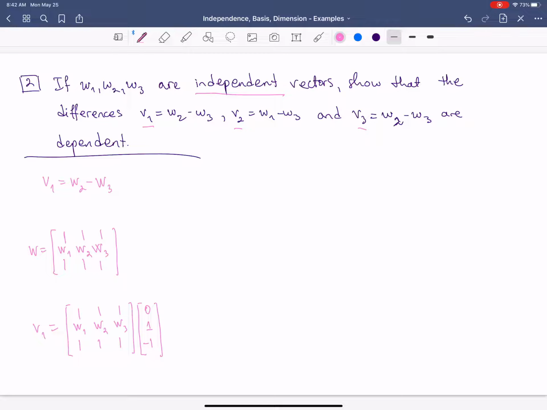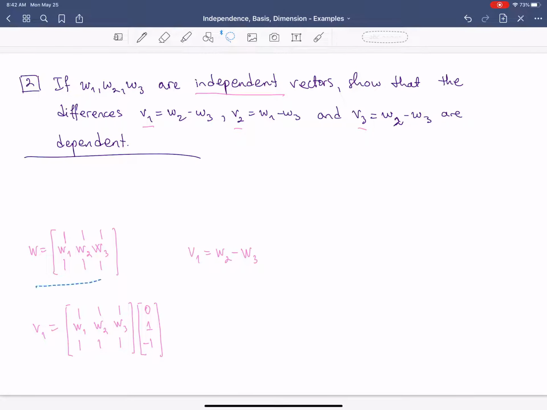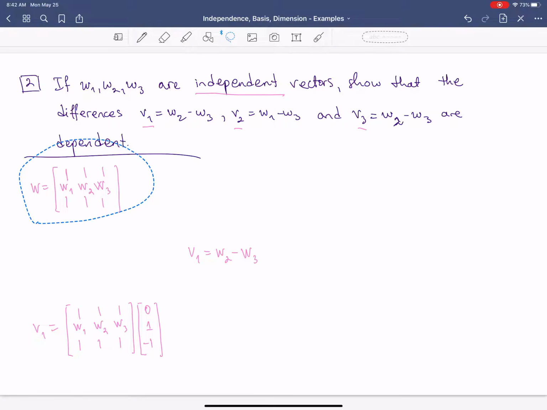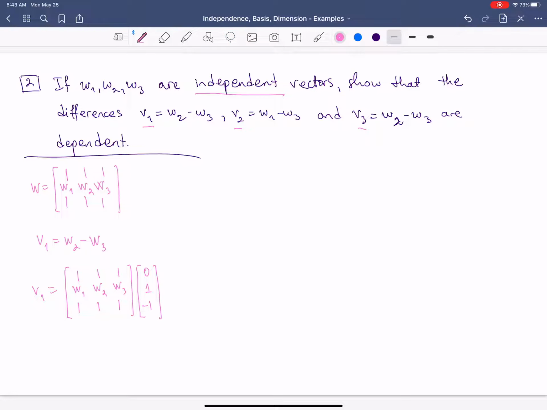Now, what about v2? Okay, I need to rearrange my board a little bit. Bear with me. All right. Now, the next vector is v2 equal to w1 minus w3. I want to write v2 again as a column matrix, or as a matrix multiplication.